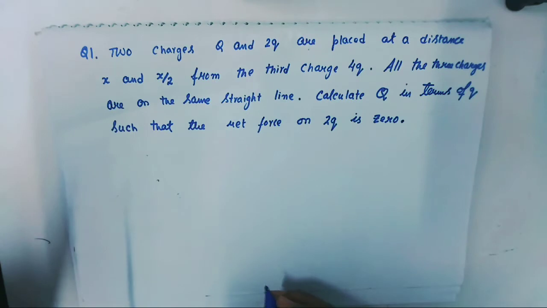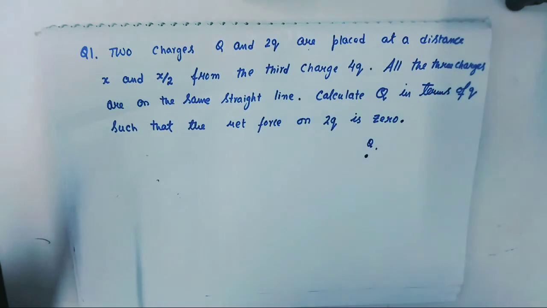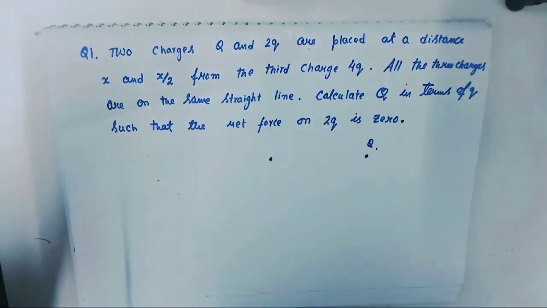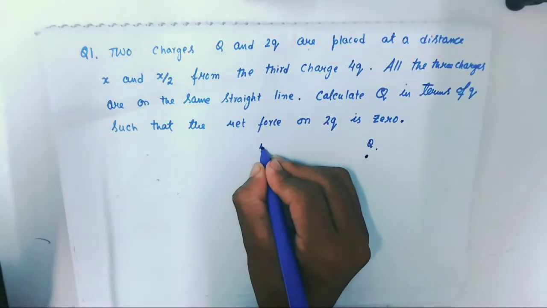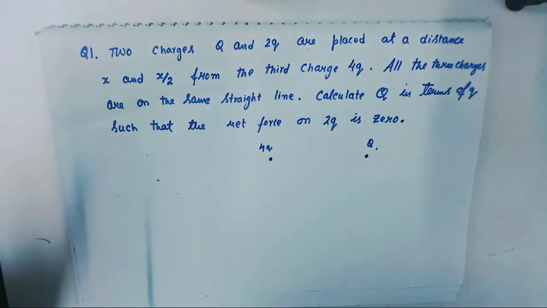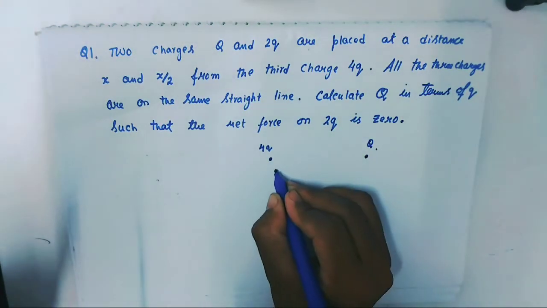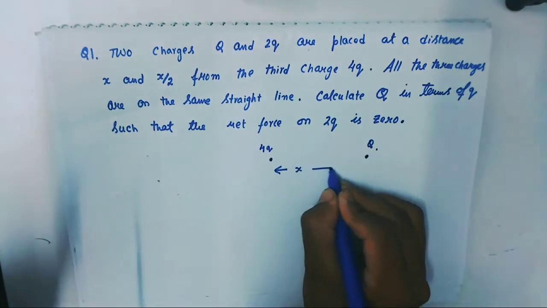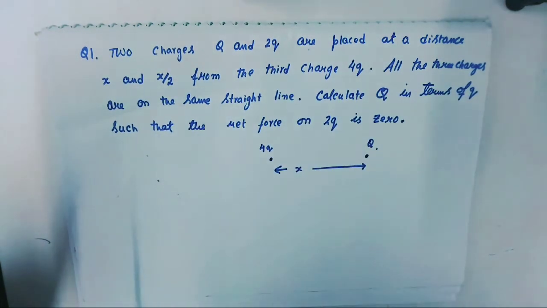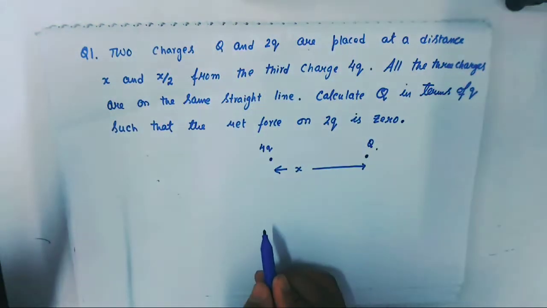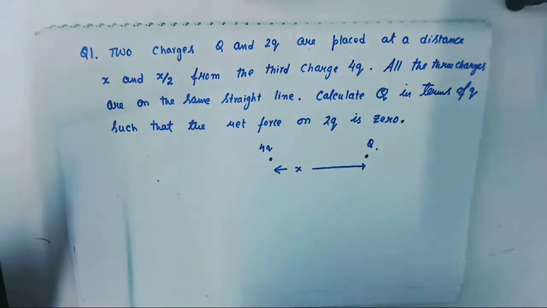So according to this question, suppose here is a charge capital Q, then somewhere here there is a charge 4Q. The distance of this capital Q from this 4Q is x. Then the distance of this 2Q from 4Q is x by 2.